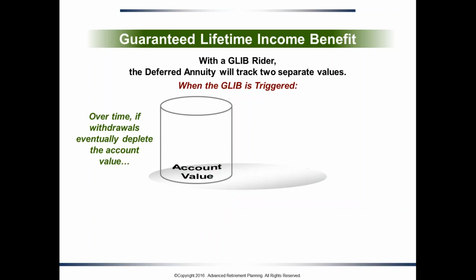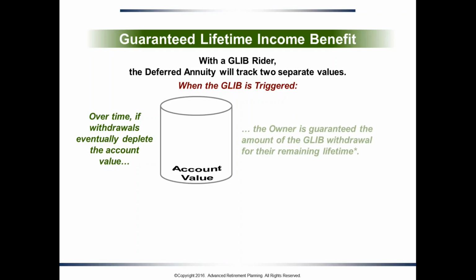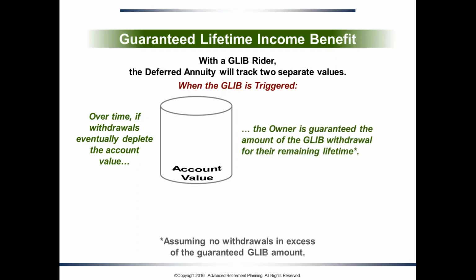Now, here's the thing about the core benefit of these: over time, if somebody lives long enough, the income withdrawals, even though that account value is still getting interest crediting, are likely to deplete that account value, make it go to zero. And as long as they play by the rules of the contract, if that account value is depleted, the owner is still guaranteed that they'll get that amount of that GLIB withdrawal for their remaining lifetime.